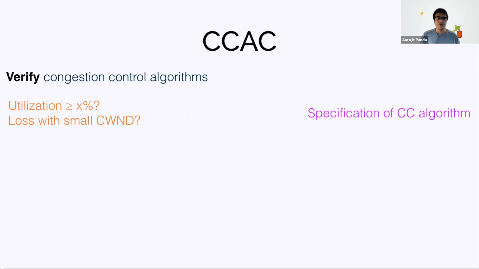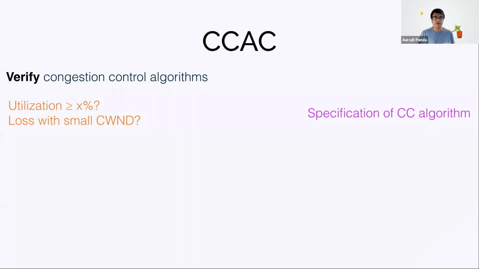What they want to do is check properties, or their specifications, such as the utilization provided by this congestion control algorithm over time is greater than or equal to X%, or there are no packet losses when the congestion window is very small. And the implementation to consider is a specification of the congestion control algorithm written in the CCAC framework.